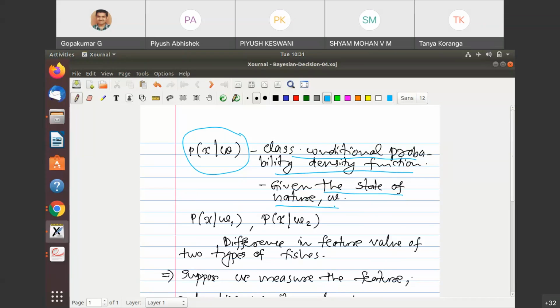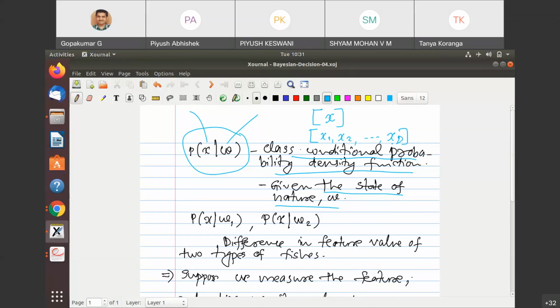That means you are observing that the next fish coming is, say, sea bass. So you are given w, and then you are looking for the probability of the given x. If it is the lightness value alone, you will have one feature. Otherwise you can have x1, x2, etc. up to xd, a feature vector itself.